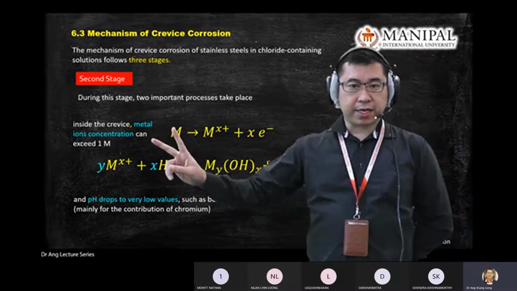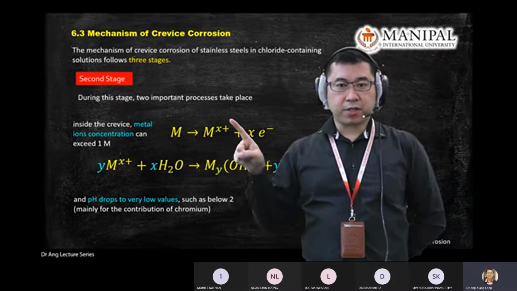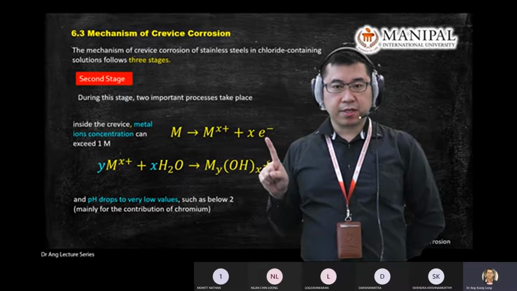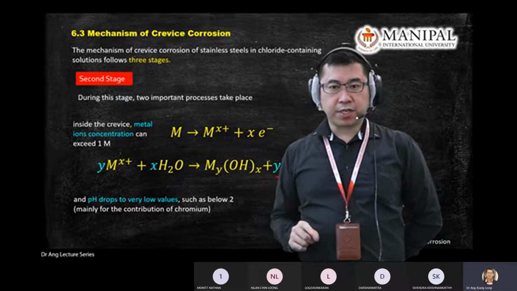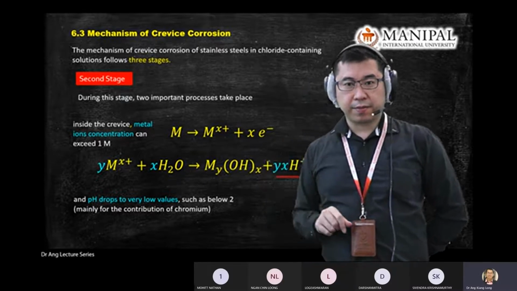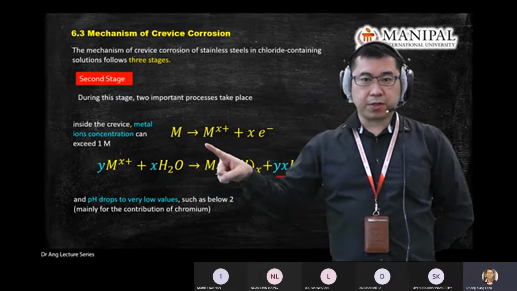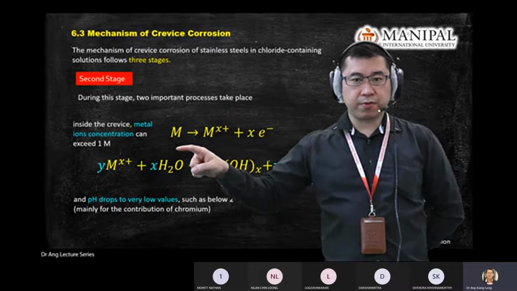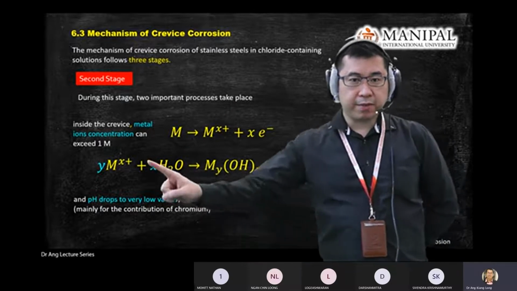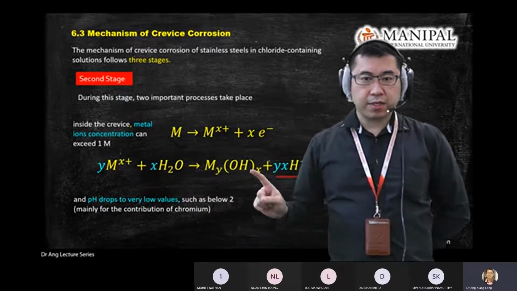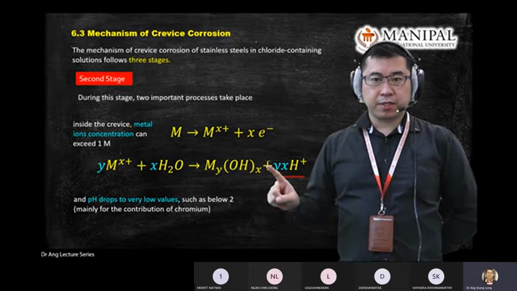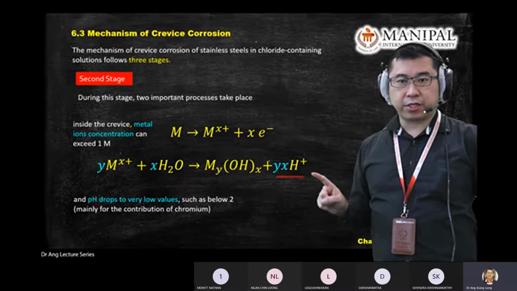Okay, second stage, metal concentration increases and contributes negative charge. Then what happened to the positive charge? It goes and makes friends with water. When metal plus water, they form MOH and they generate H positive.